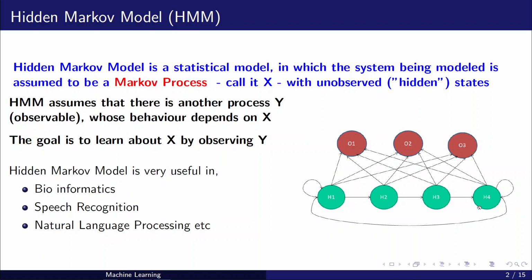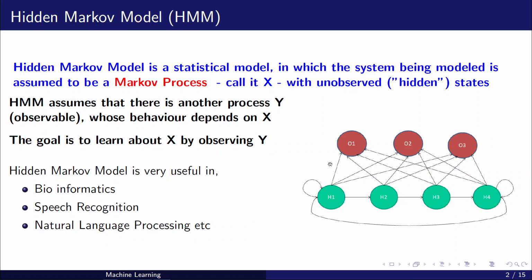We call this X, and in the hidden Markov model there is another set of variables which are observable, which we call Y. This set of observable variables depends upon the hidden variables.